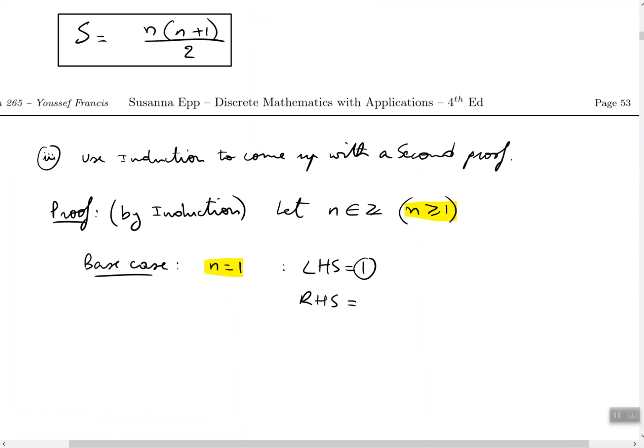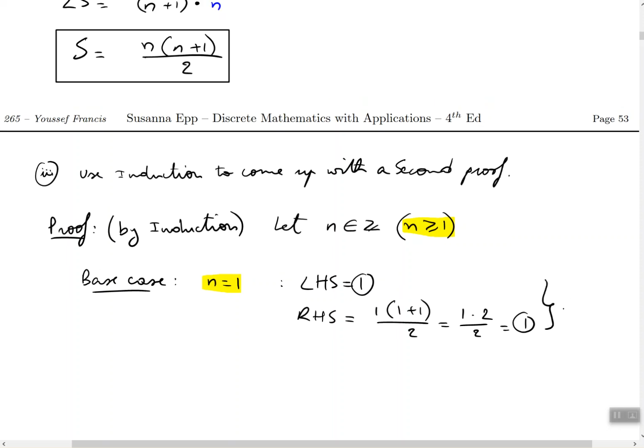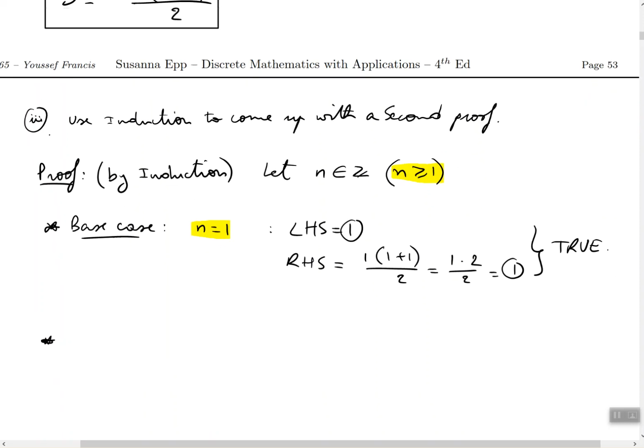So let's find out what we get. We get 1 times 1 plus 1 all divided by 2. So this is 1 times 2 all divided by 2, which is equal to 1 at the end. So it seems like so far everything is working out. So this statement is true. So the base case is safe, and we can now move on to the inductive hypothesis.